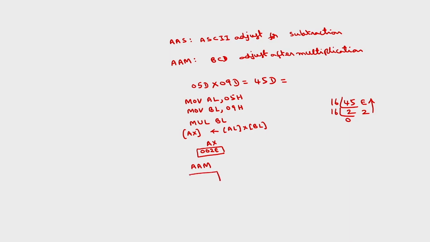After this, AX will be having 04 in AH. After AAM, this will be the AH content and this will be the AL content, 05; overall this will be AX. This is what is called unpacked BCD.